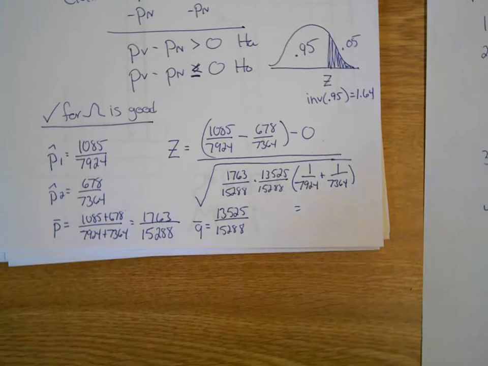Okay. Calculator challenge. I don't know if I can do this all in one line. I'm going to go for it. You have to have a parentheses before you put the square root down.